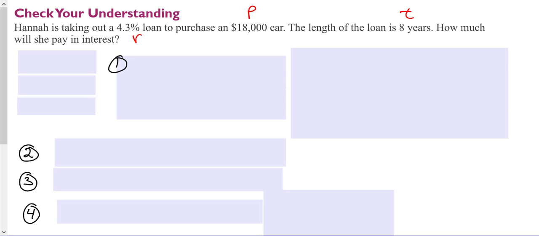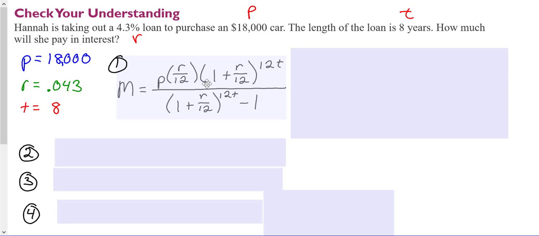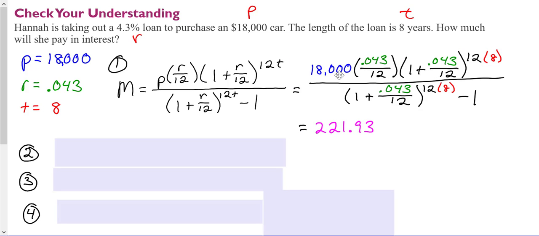Once again, to figure out the interest, we need to figure out how much we actually paid for this car. We take our variables, plug them into the monthly payment formula, and that tells us we paid $221.93 each month for this car.